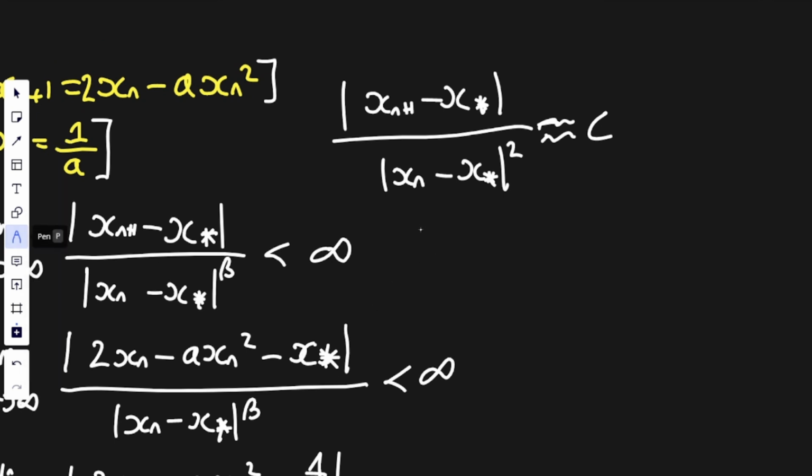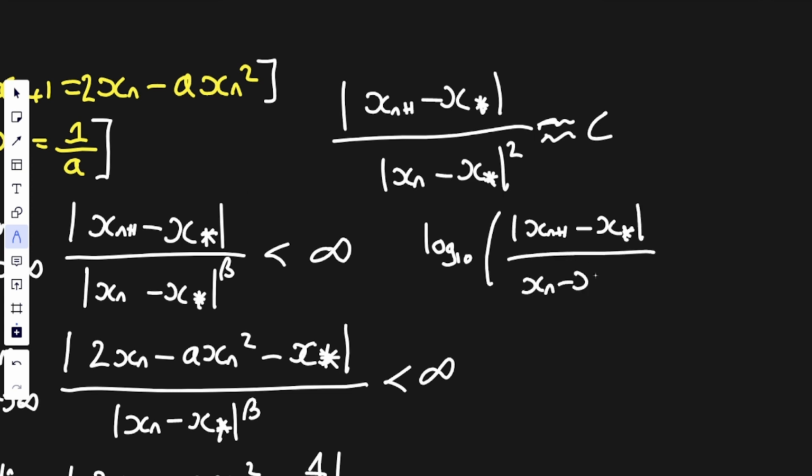Now if I take a log on both sides, log base 10, we're going to have log base 10 of xn plus 1 minus x star over xn minus x star squared, and that's roughly equal to log 10 of c.